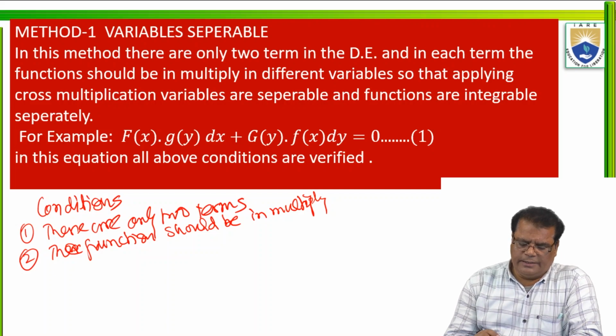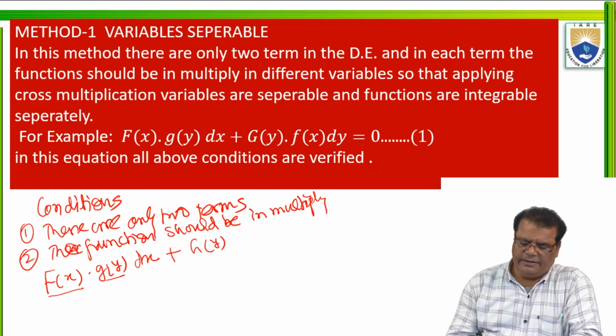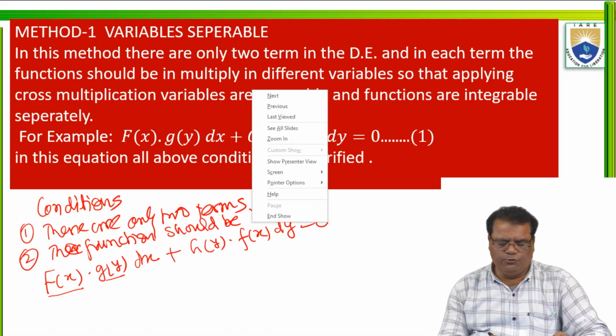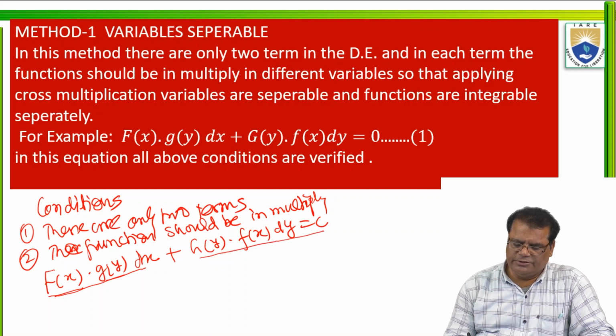So here is one example: this f(x) and this g(y). This f(x) function and g(y) both are in multiply, and this dx plus capital G(y) into small f(x) and dy equal to 0. In this example, there are only two terms. First term is this, second term is this. This is 0.